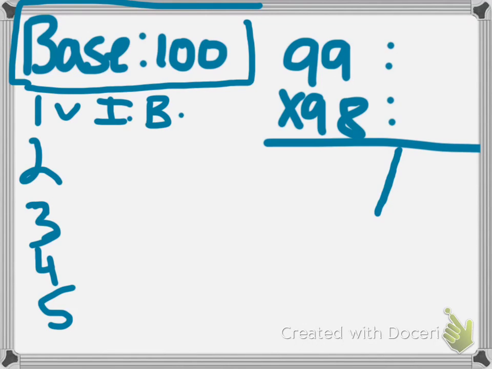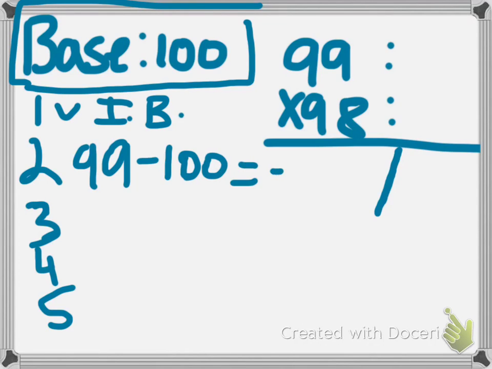Okay, step 2, we're going to do the actual problem, which is 99. What we have to do for step 2 is 99 minus 100. If we do 99 minus 100, we get negative 1, right?